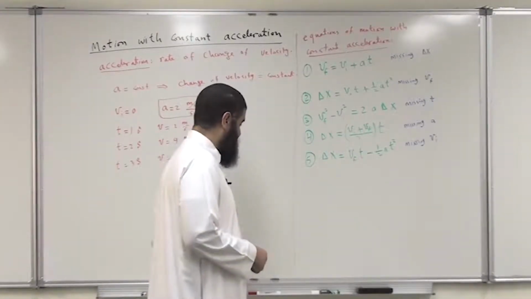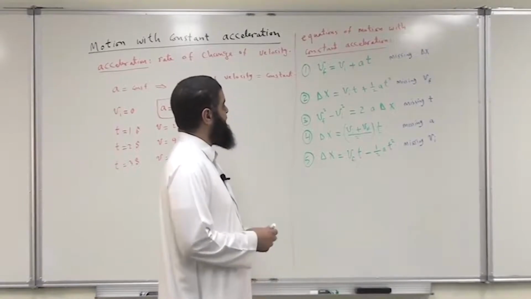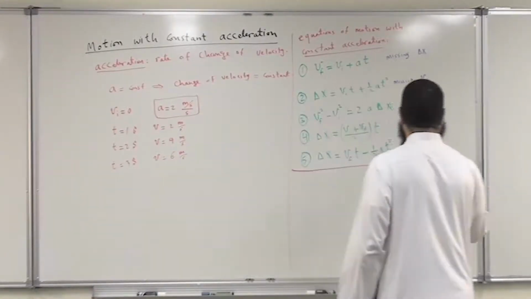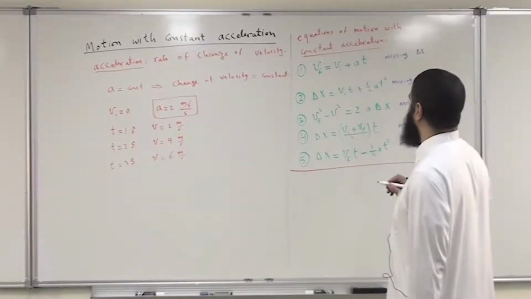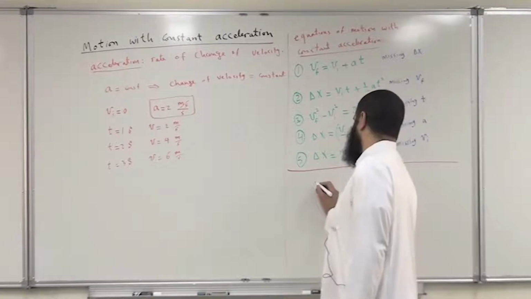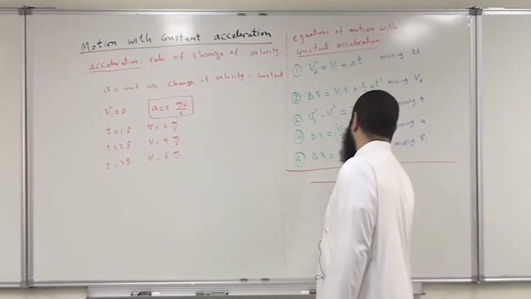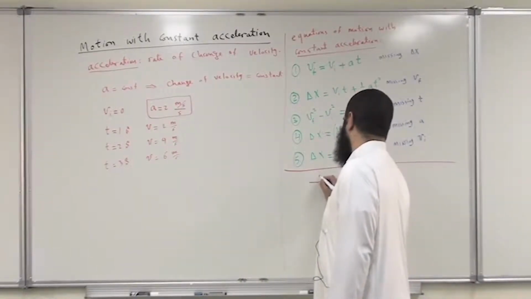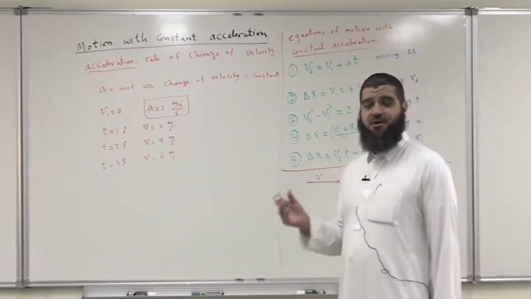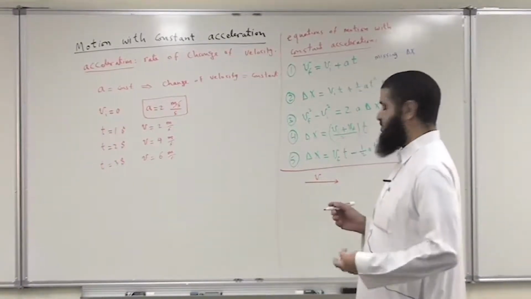Let me give you a hint about the directions. It's very important to focus on the direction of acceleration and the direction of the velocity. Sometimes the velocity of the object is to the right. Let me give you an example of your car. You are driving your car and moving forward.